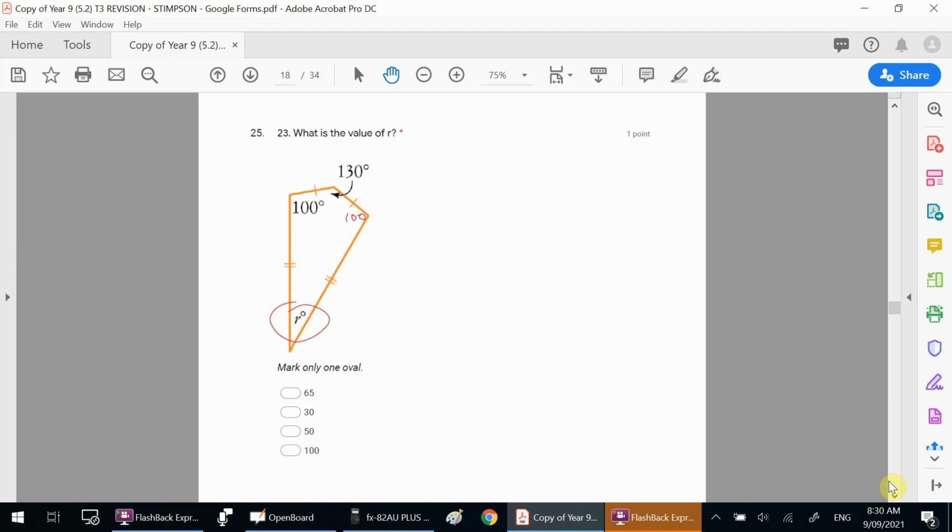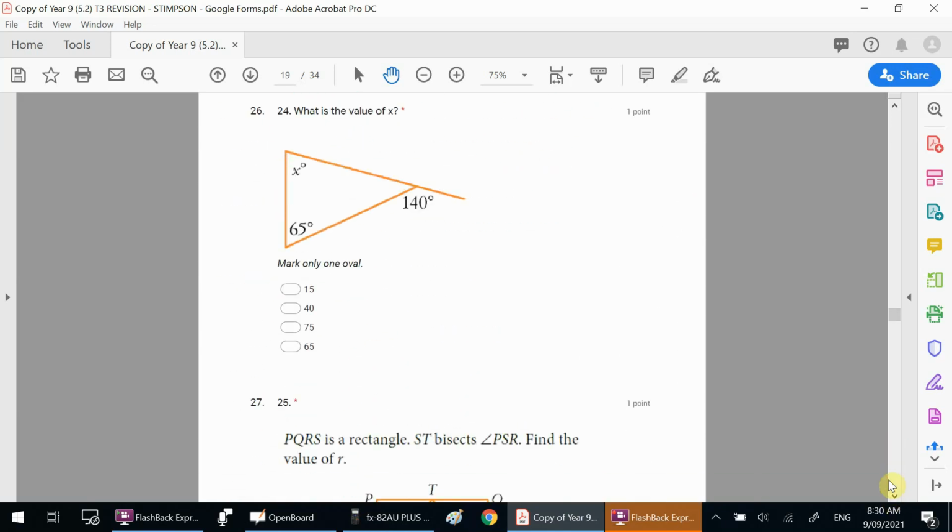The angles here are the same. So again, 360 minus 200 minus 130. 160, 30. That angle there is 30 to make up the 4 angles equaling 360.